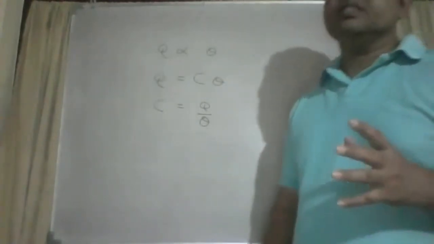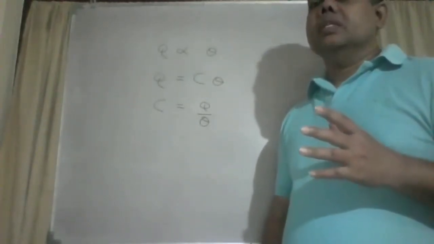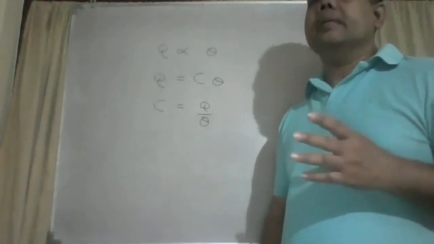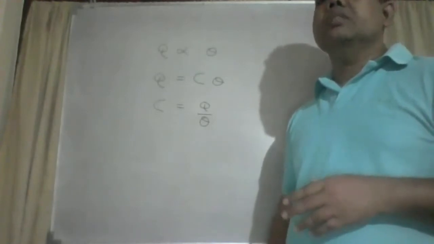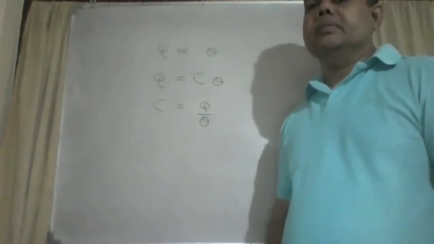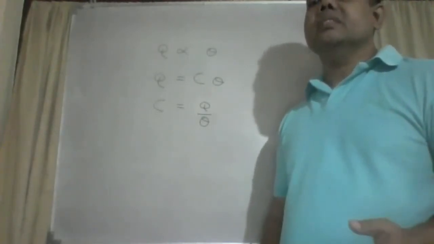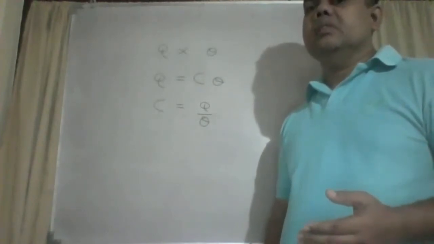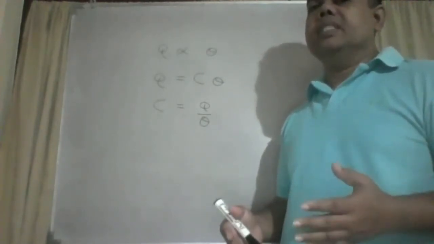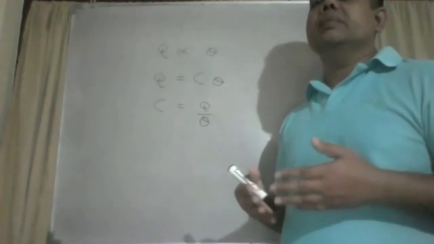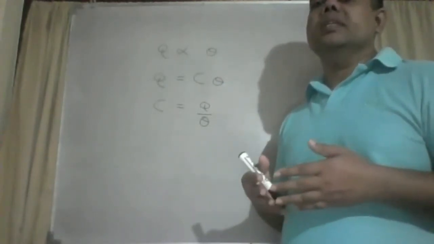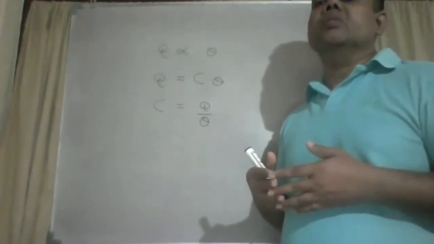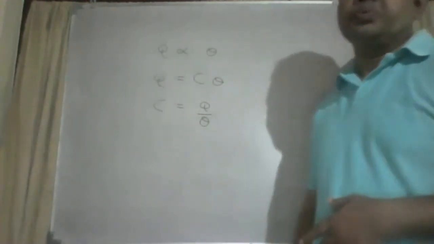SI units of heat capacity, capital C, will be joules per Kelvin. Dimensions of capital C equal the dimensions of joules, that is M L squared T minus 2.